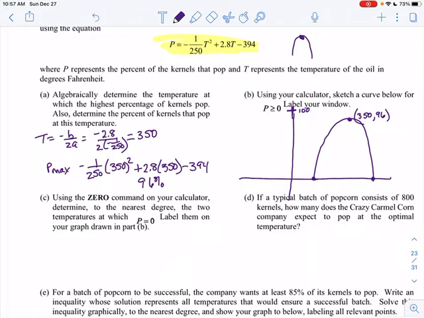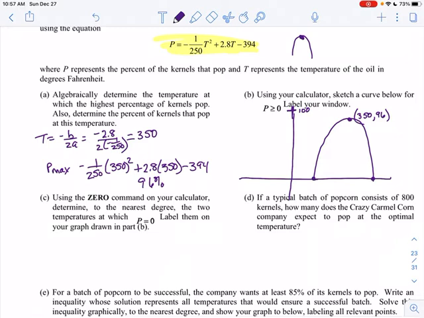So I'm going to leave my y min as negative 10 and my y max is going to be 100 because, again, I'm not going over 100%. And again, let's have my scale at 10. All right. So now if I hit my graph button, I can see that.